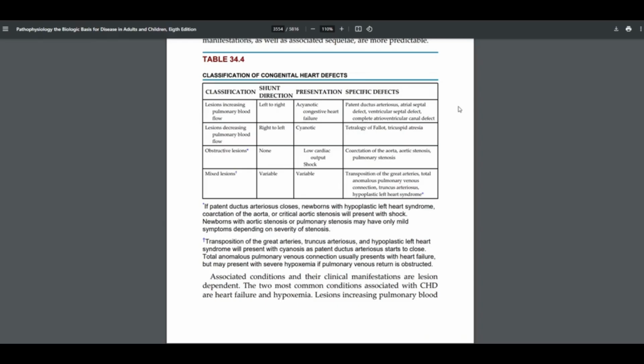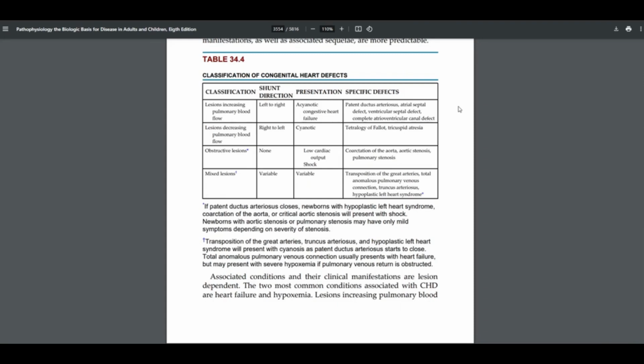And the specific defects are the patent ductus arteriosus, atrial septal defect, ventricular septal defect, a complete atrioventricular canal defect. Lesions decreasing pulmonary blood flow, the right to the left, you are cyanotic, and the specific defects are a tetralogy of Fallot, a tricuspid atresia.